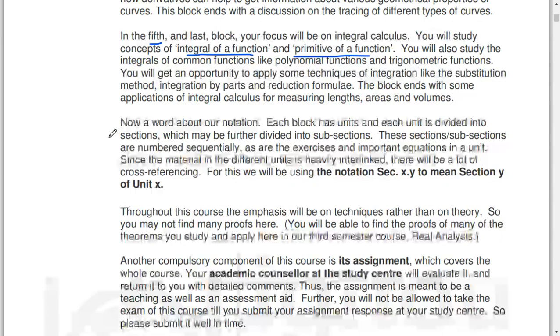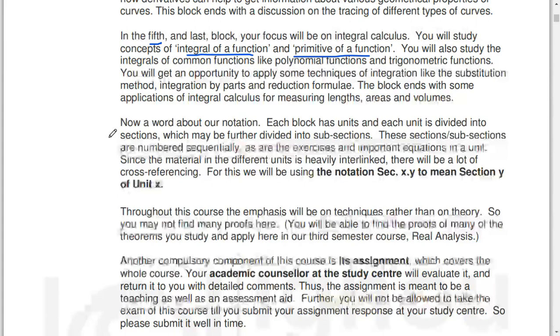Now a word about our notations. Each block has units and each unit is divided into sections, which may be further divided into subsections. These sections or subsections are numbered sequentially, as are the exercises and important equations in a unit. Since the material in the different units is heavily interlinked, there will be a lot of cross-reference.